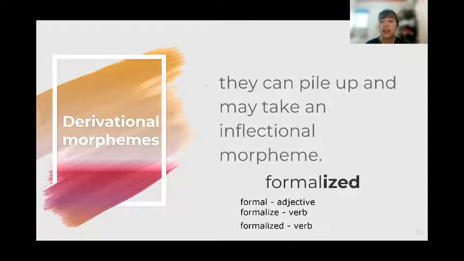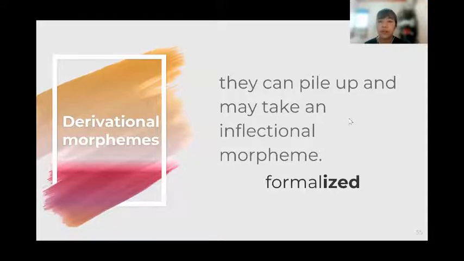And then since the letter D is an inflectional morpheme, it only made the word formalize into past tense, formalized. So you can no longer add anything, since the letter D or your suffix D is already an inflectional morpheme. So our rule is, if the last is an inflectional morpheme, it's closed, you can no longer add. Okay. So that's it for derivational morphemes.